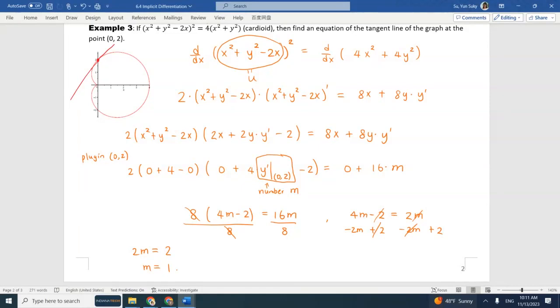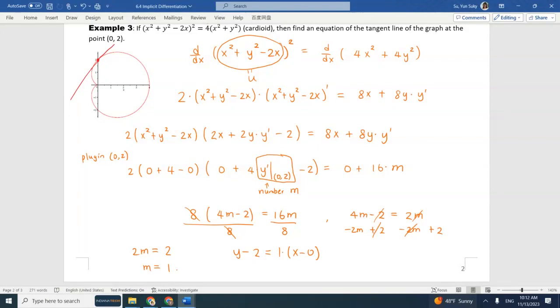Okay, tangent line. What is the point slope form, Gabby? Y minus what? What is the point? 2, yes. Equals 1 times x minus the x coordinate of the point. Yes, 0.